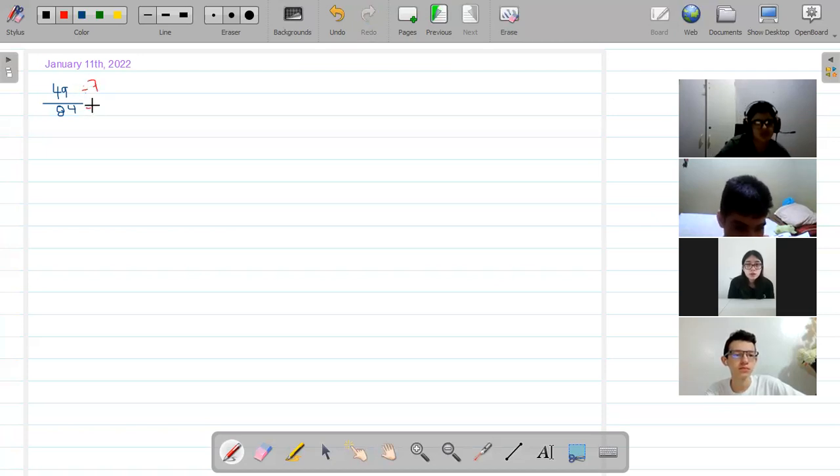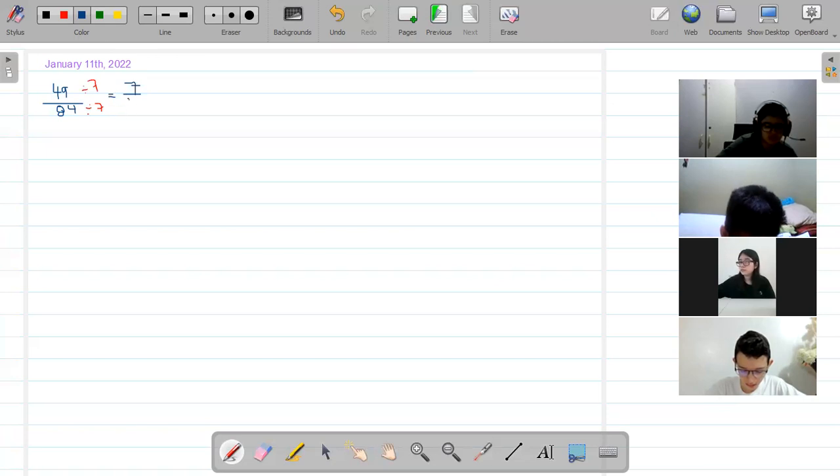Seven. You can divide both by 7. 49 divided by 7 is 7. 84 divided by 7 is 12. So we got the ratio in the simplest form, 7 to 12.